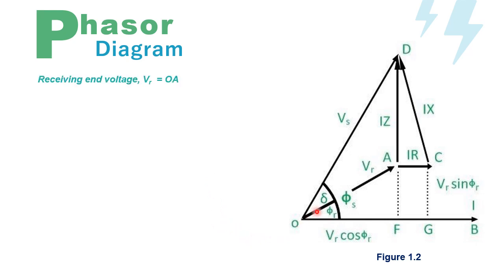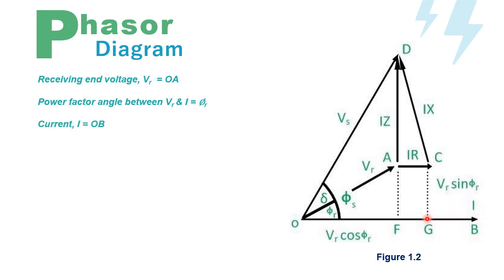As you can see, it is represented by OA. For lagging power factor, the current I always lags behind the receiving end voltage VR by an angle of theta R, as you can see in the diagram. As shown in the diagram, OB is the current I.